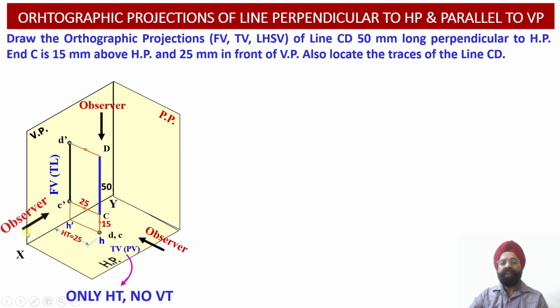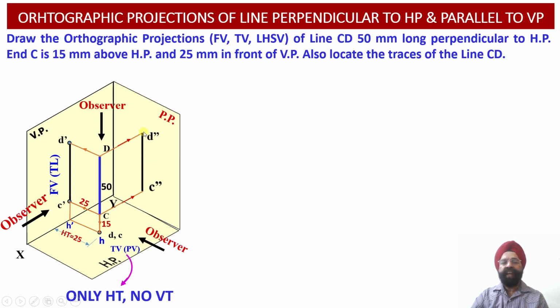When the observer looks at this line from the left hand side, the projections of this line will be obtained on the profile plane which is located on the right hand side. The points C and D will be projected in the left hand side view onto the profile plane in such a way that we obtain the true length projections of this line.